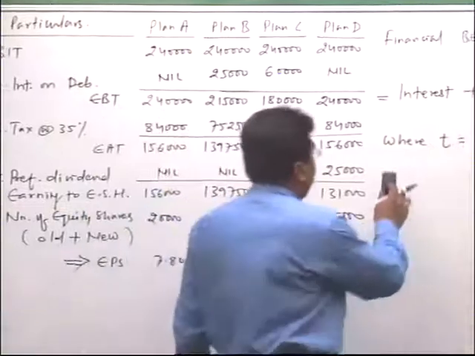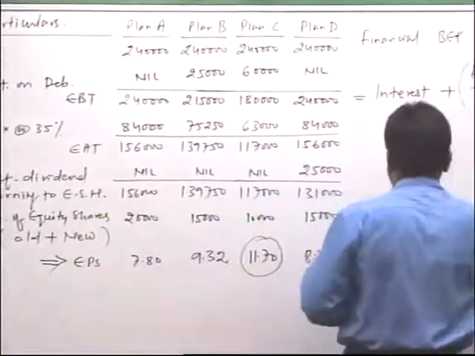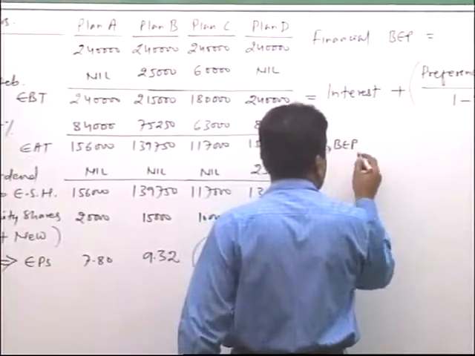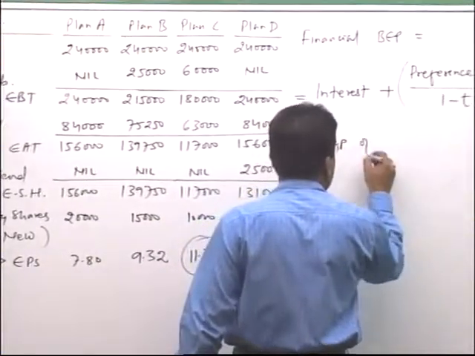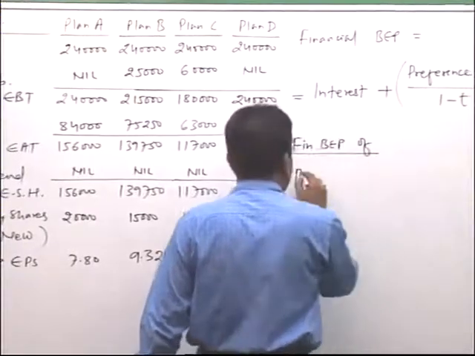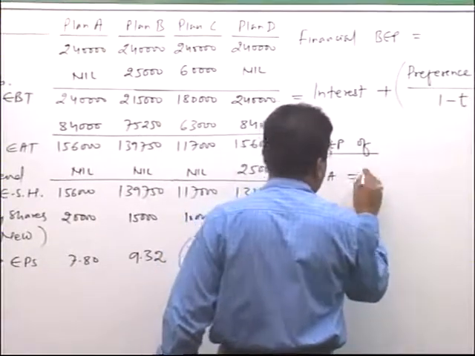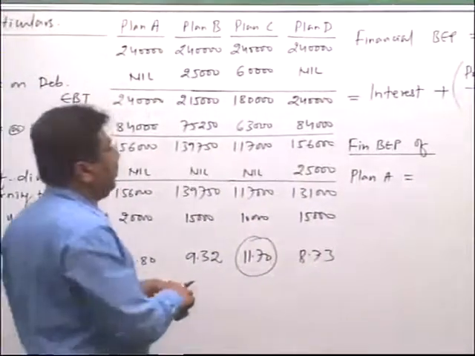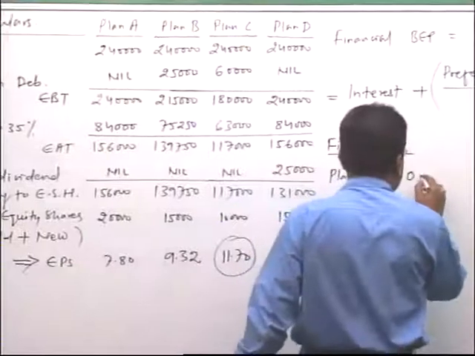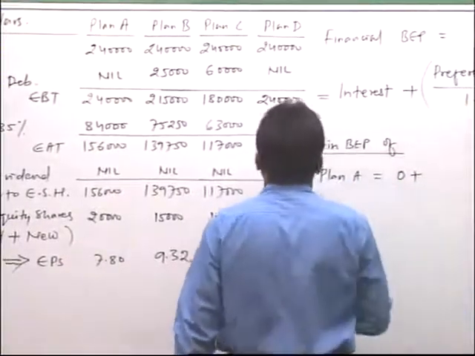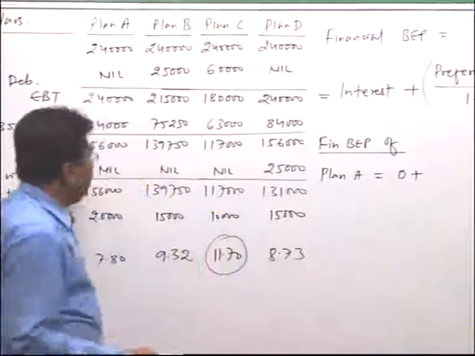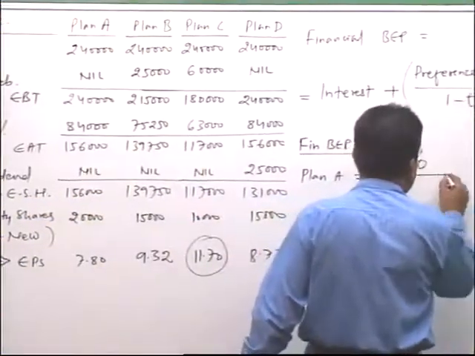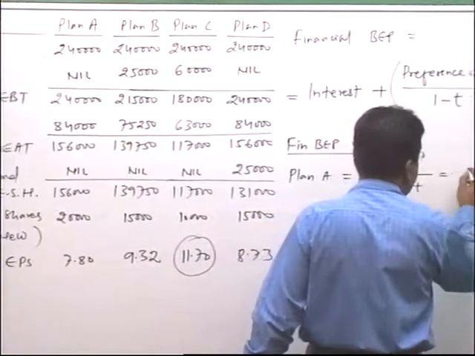So, financial BEP of plan A is equal to, you can see that in plan A the interest is 0. So, 0 plus, the preference dividend is also 0. So, 0 plus 0 upon 1 minus T is equal to 0.